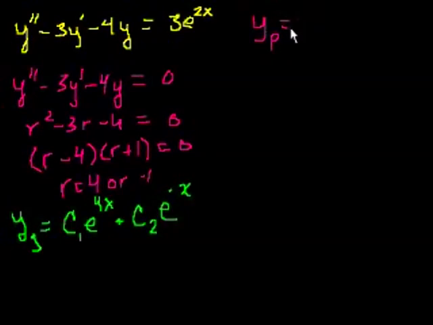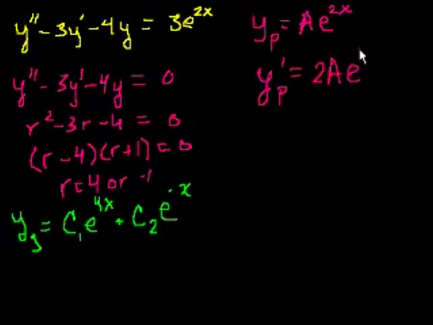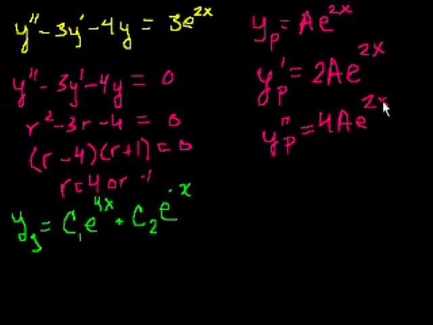So let's say the one I pick is some constant a times e to the 2x. If that's my guess, then the derivative of that is 2a e to the 2x. And the second derivative of my particular solution is 4a e to the 2x.